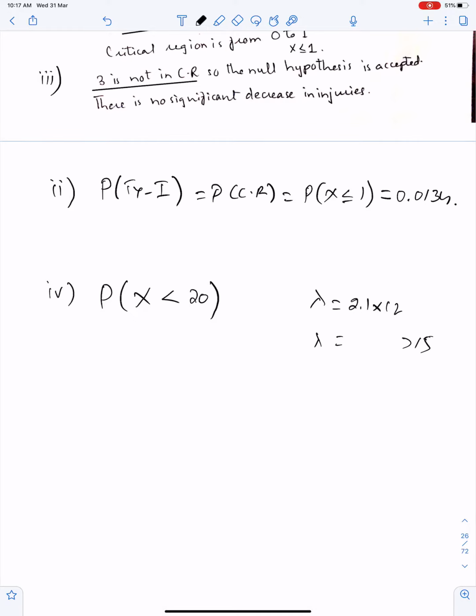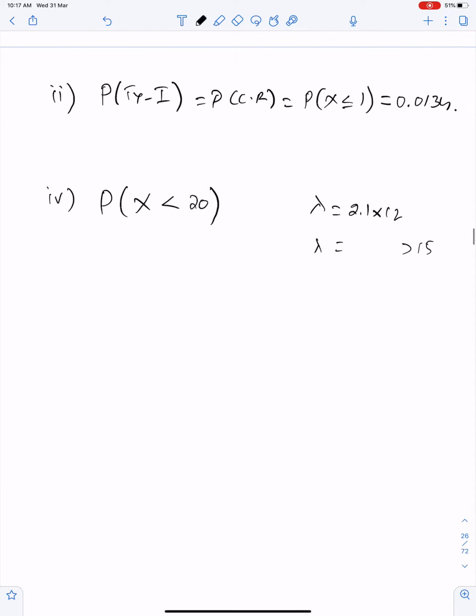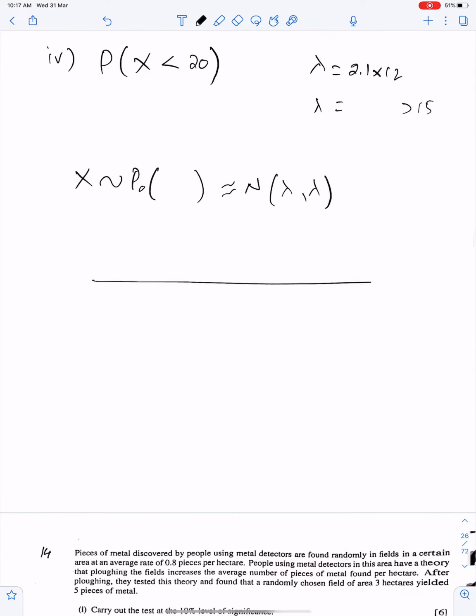So you have to use the normal approximation here. X follows Poisson with lambda 12 into 2.1. So this is the normal approximation, and you have to do the continuity correction.